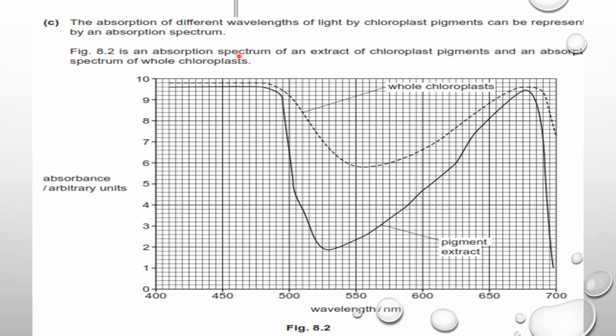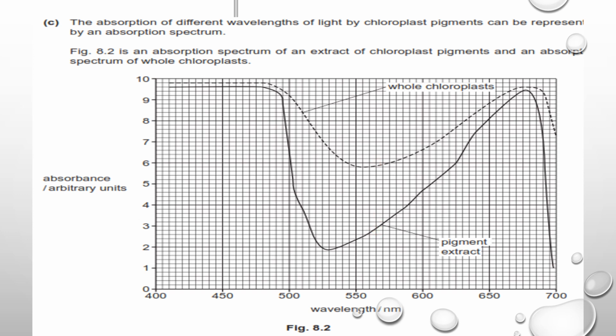Then if they ask you to explain why: whole chloroplast has more pigment, so it absorbs more wavelengths. Whole chloroplast has grana, a large surface area, so it absorbs more wavelengths compared to pigment extract.